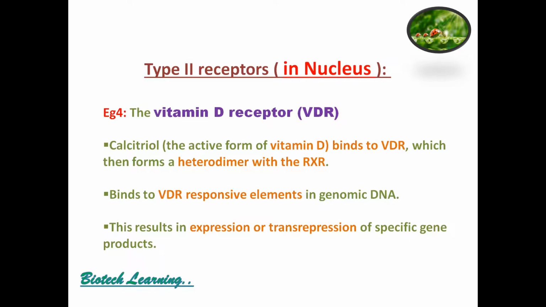That is, most of the receptors form a homodimer or heterodimer and then cause the transcription. So here VDR binds to the VDR responsive elements in the genomic DNA. This results in the expression or transrepression of specific gene products.